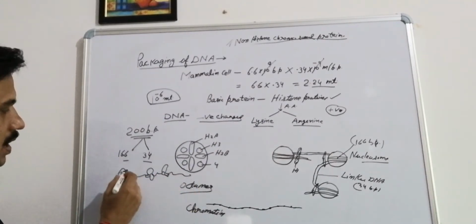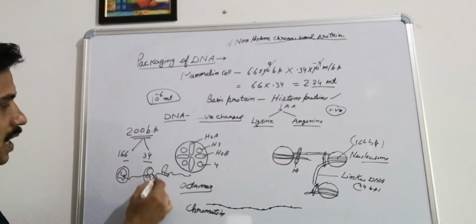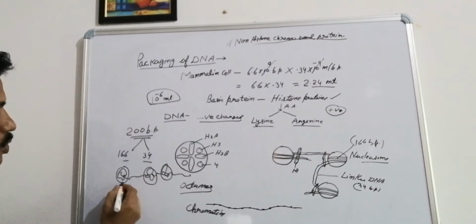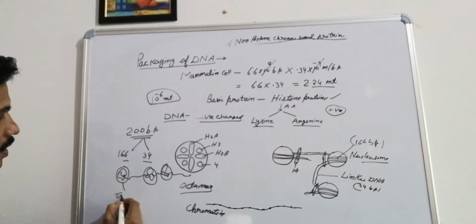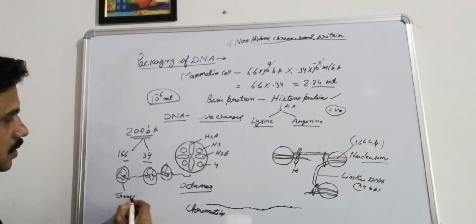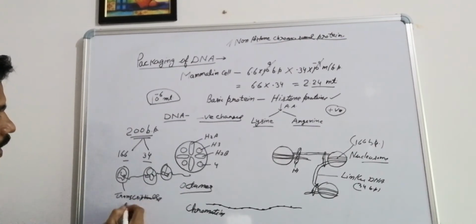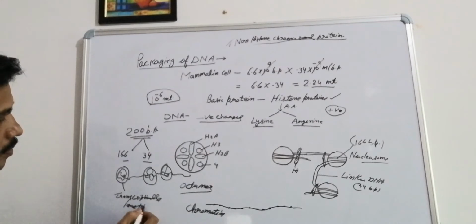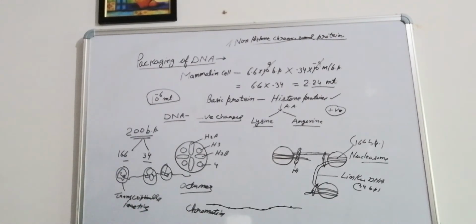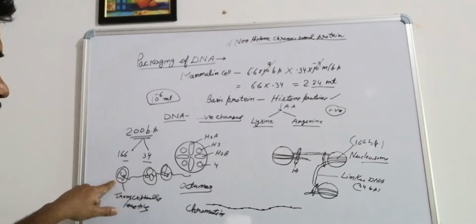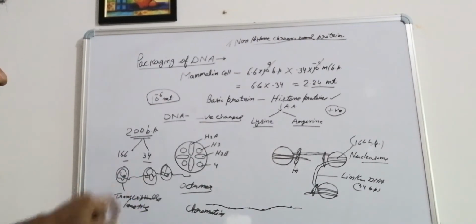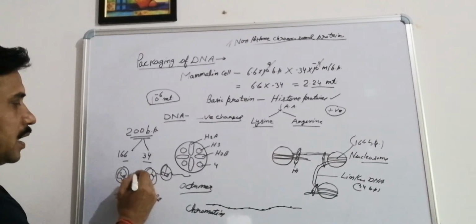So where the density is more, these parts are called transcriptionally inactive parts. This transcriptionally inactive part means they are not going to take part in the process of transcription, but this straight chain is called the transcriptionally active part.